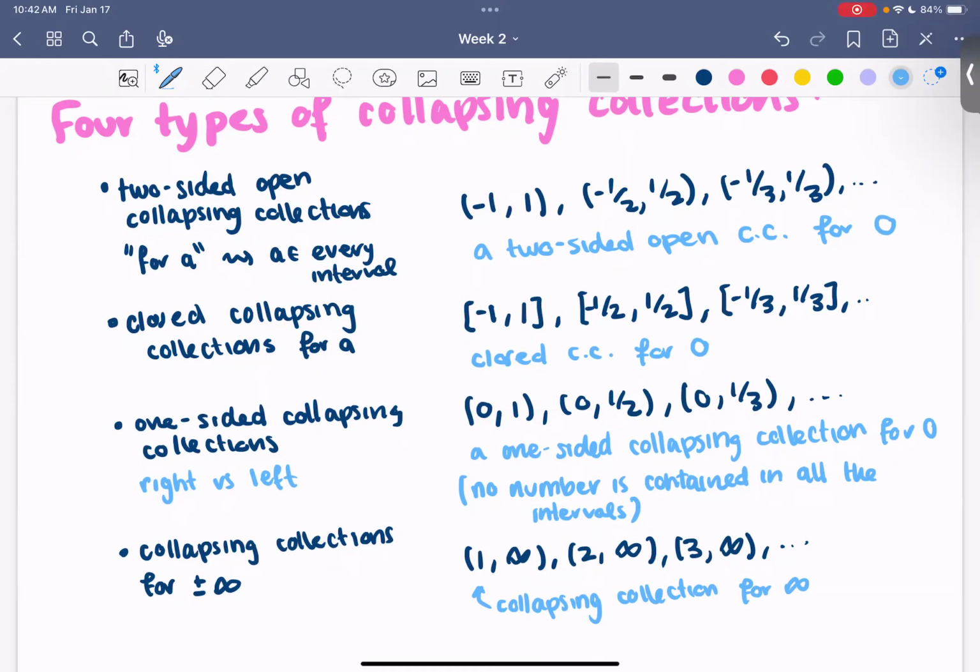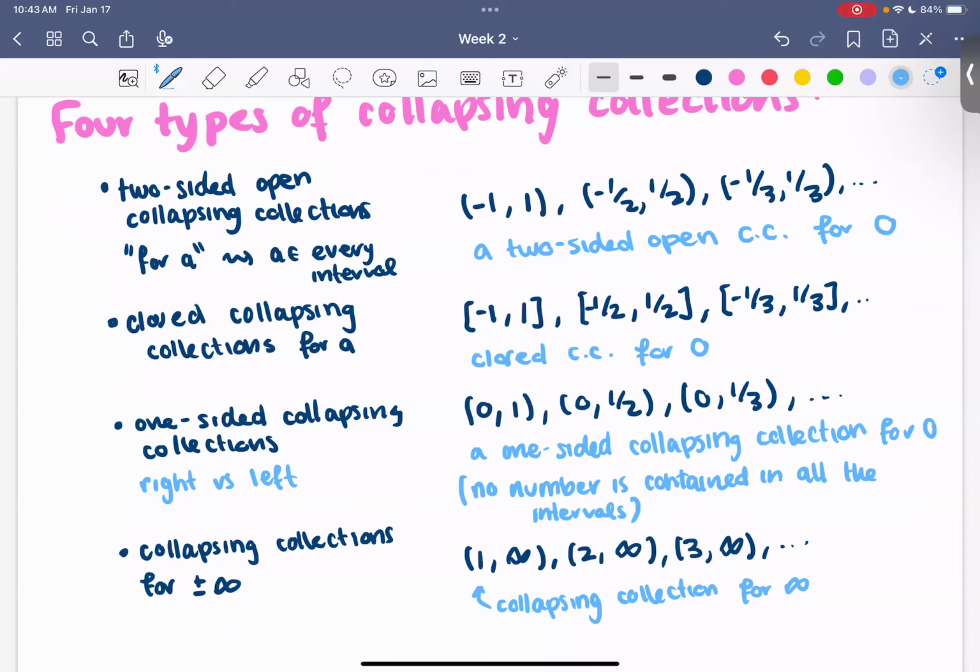Okay, so this was a lot. Are there questions? So now we've set up what a collapsing collection is, and we've seen a couple of examples and some different types of collapsing collections. So what we're going to do now is set up some tools to make rigorous arguments about collapsing collections.